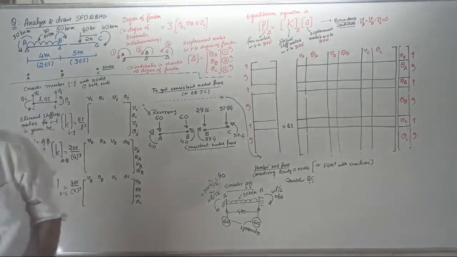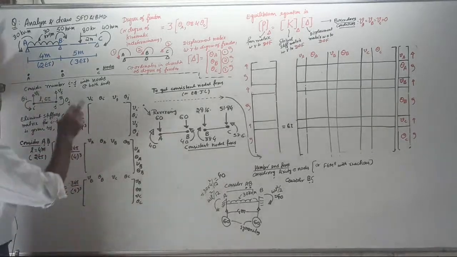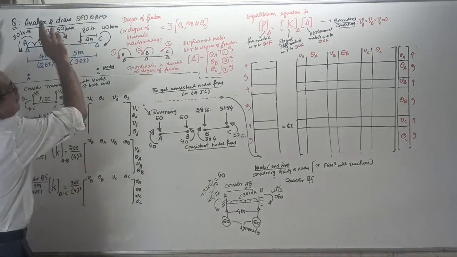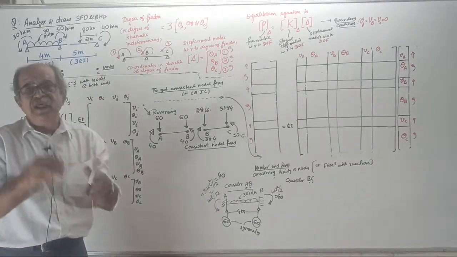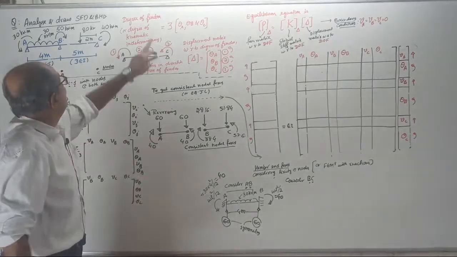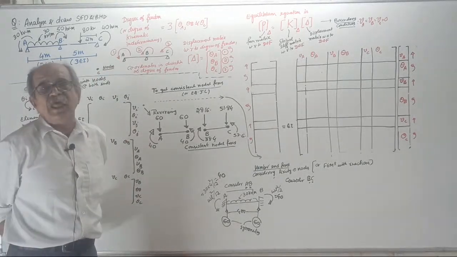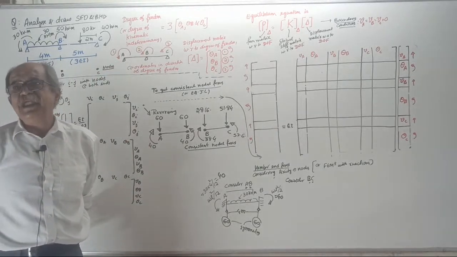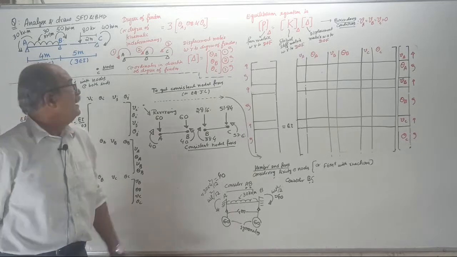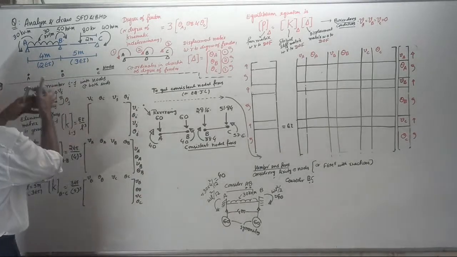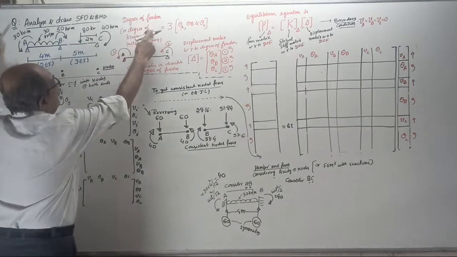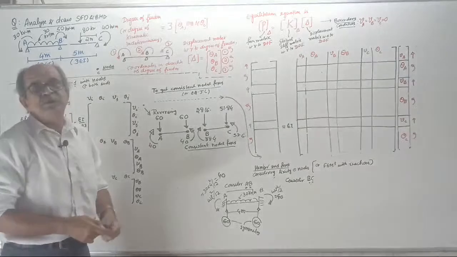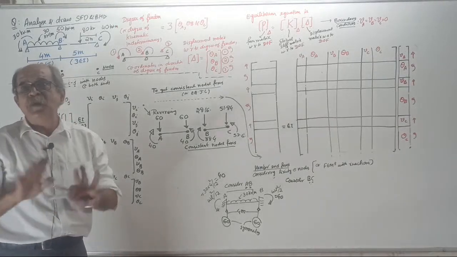Yes, okay. Now, after this step, the next step is to decide the degree of freedom. Remember, red color. Degree of freedom is also called the degree of kinematic indeterminacy. To understand, node degree of freedom means displacement only at nodes, nowhere else.